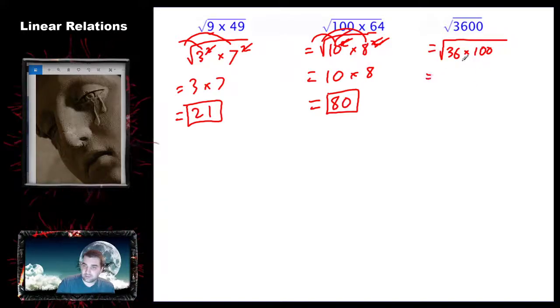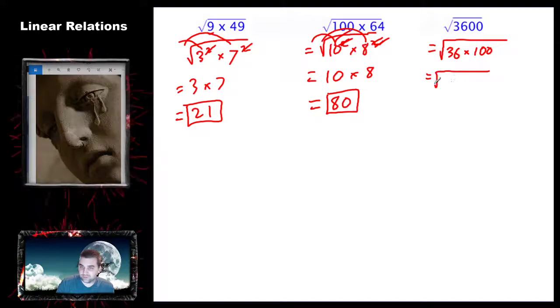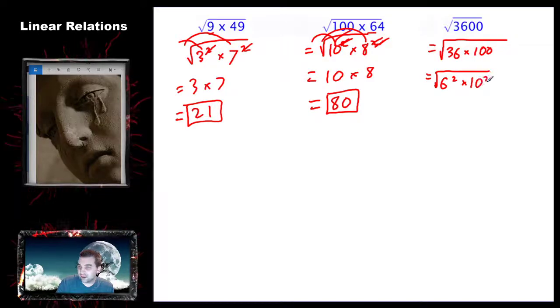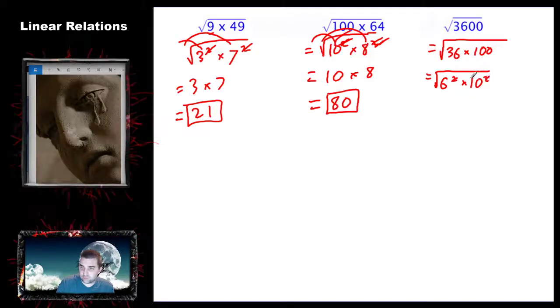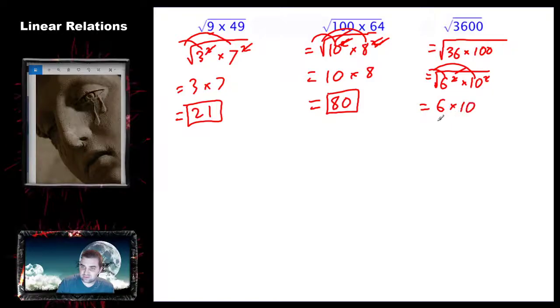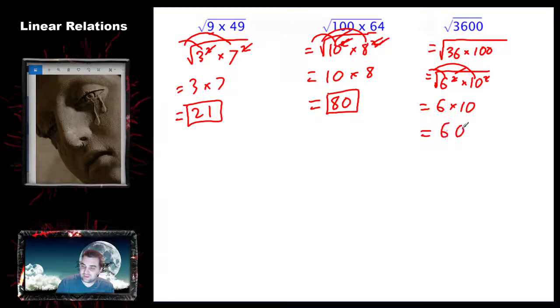Okay, now let's look at these, which are perfect squares. 36 is 6 squared, and 100 is 10 squared. So these squares will cancel out. These guys will come to the outside, and I have 6 times 10, which is 60.